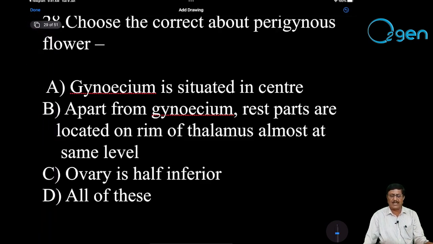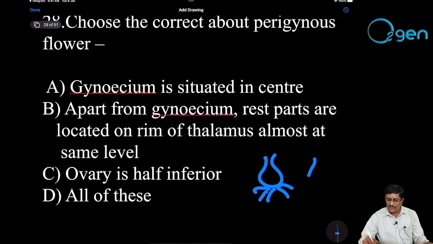Choose the correct statement about perigynous flowers. If the gynoecium is above and floral parts are below, that is called hypogynous flower. If the gynoecium is below, and all the floral parts, calyx, corolla, androecium, grow above it, it is called epigynous flower.